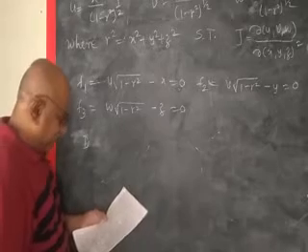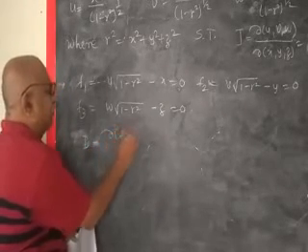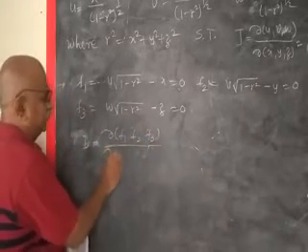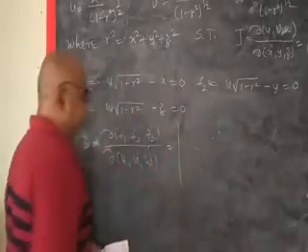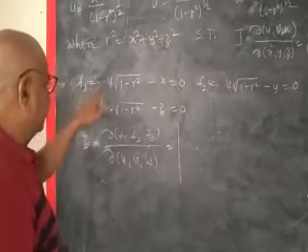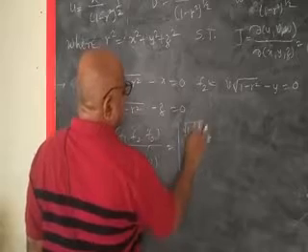What will be the denominator? Jacobian of f1, f2, f3 with respect to u, v, w, that is equal to, you can see that derivative of f1 with respect to u is root of 1 minus r square.